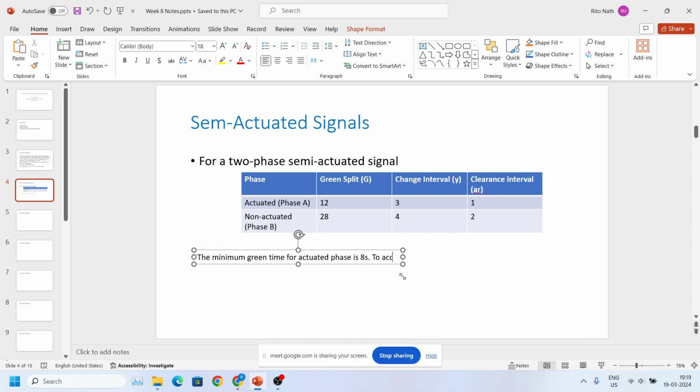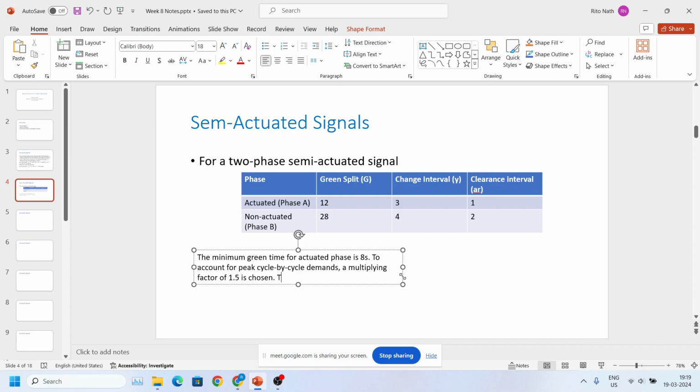To account for peak cycle by cycle demands, a multiplying factor of 1.5 is chosen.